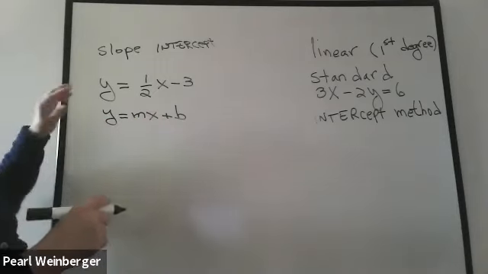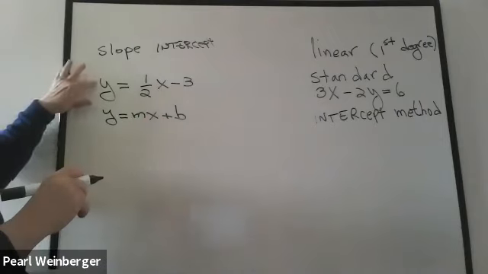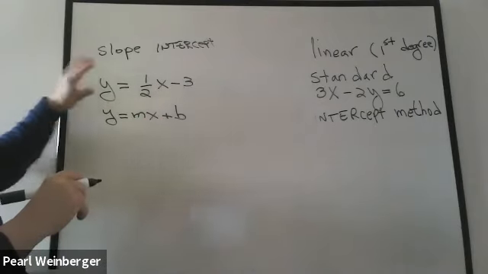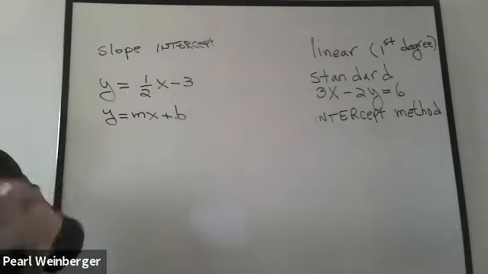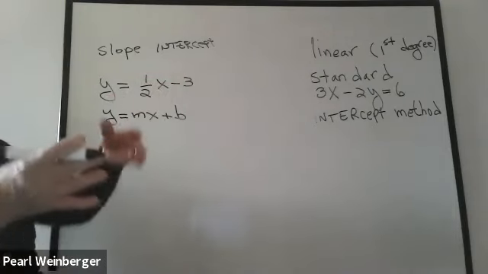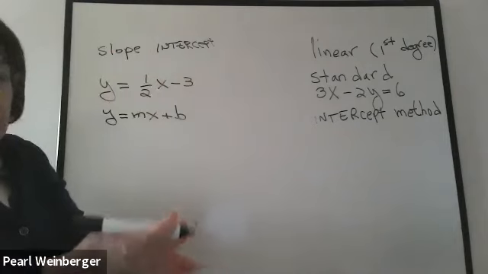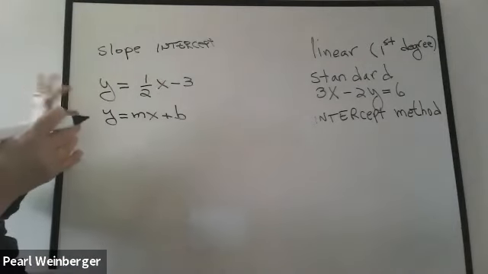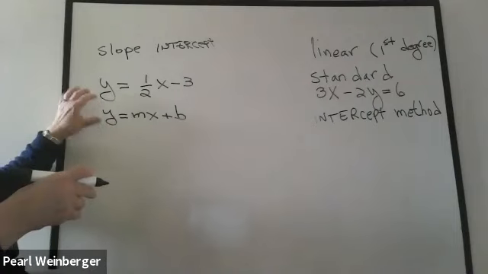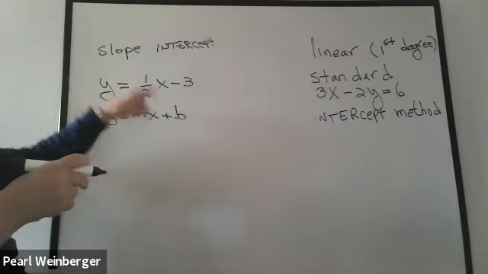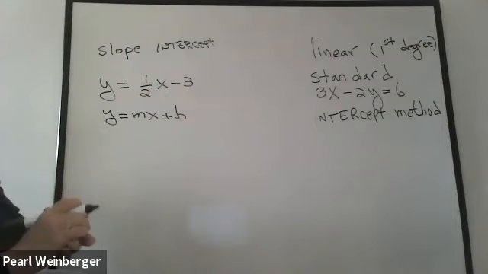You get that format when your equation says y equals. Notice in the standard form, we have both the x's and the y's on one side of the equal sign, and then a number. In this case, we have the y standing all by itself, and then something times the x, and then something.